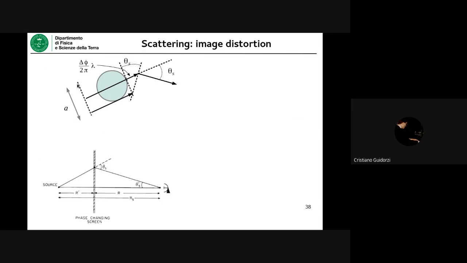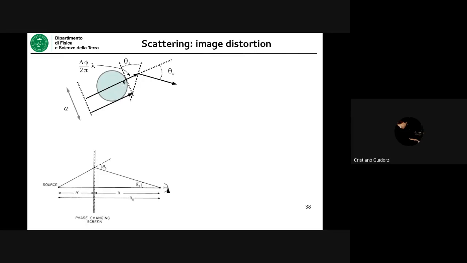So this is a wavefront which is going through, and as you see, we aim to compare what happens between two rays: the ray here which crosses the blob and the one here which doesn't.